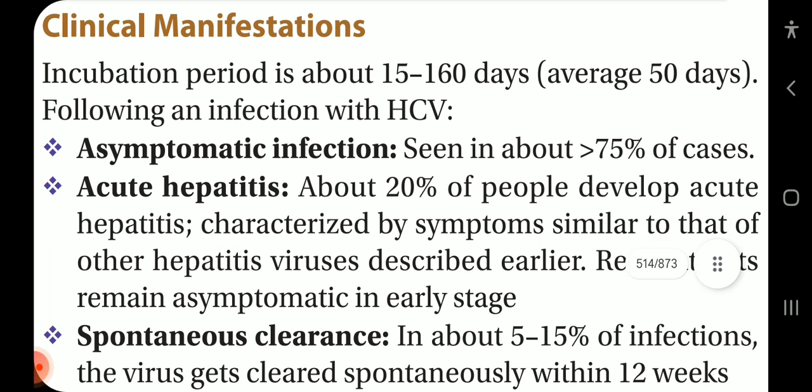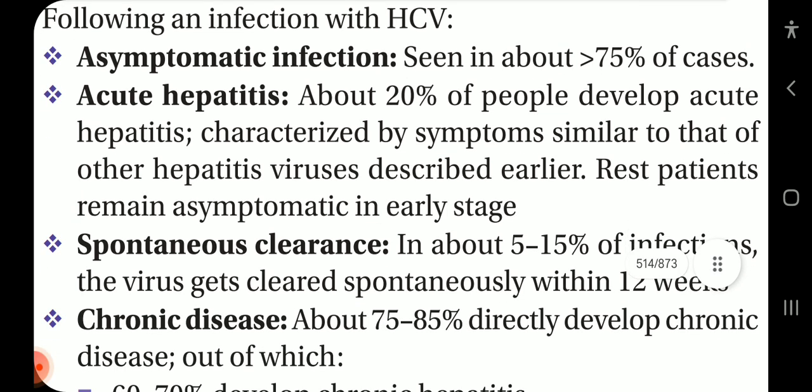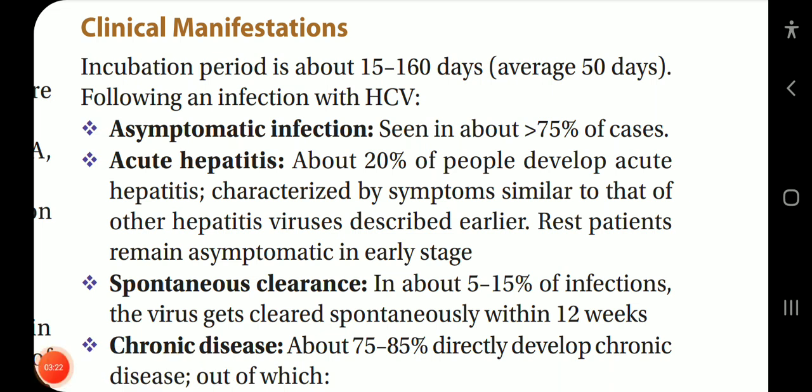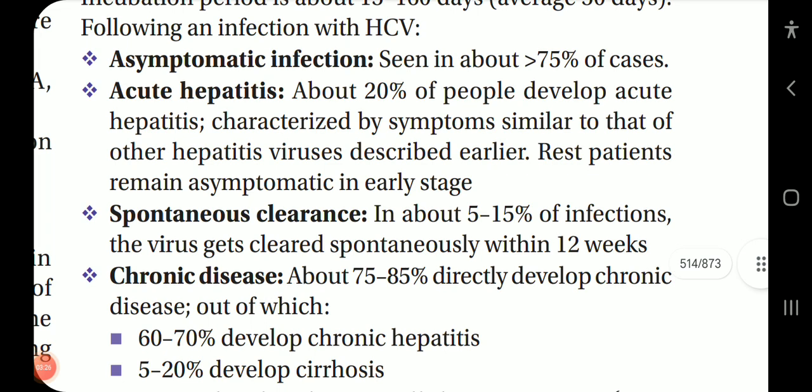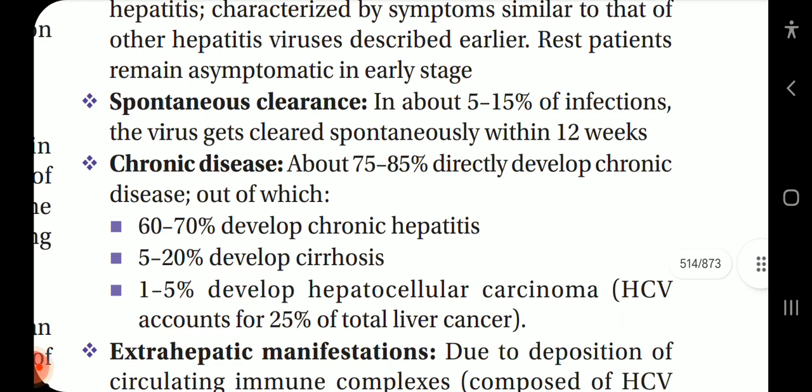Clinical manifestations. Incubation period is about 15 to 160 days, average 50 days. Following an infection with HCV: asymptomatic infection. Acute hepatitis: about 20% of the people develop acute hepatitis characterized by symptoms similar to that of other hepatitis viruses described earlier. The rest of the patients remain asymptomatic in early stages.